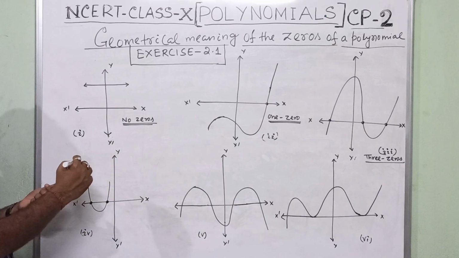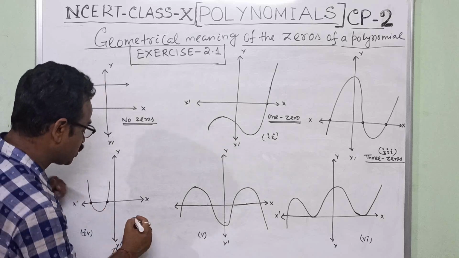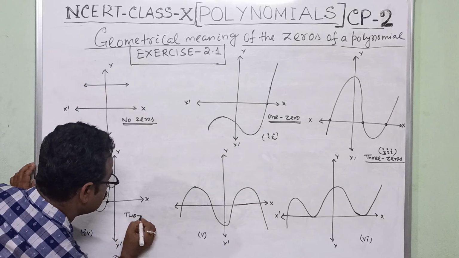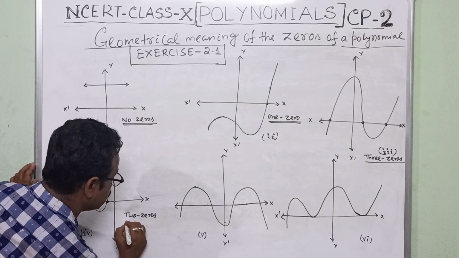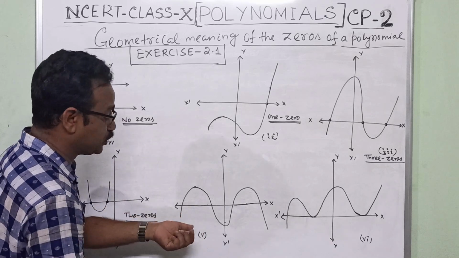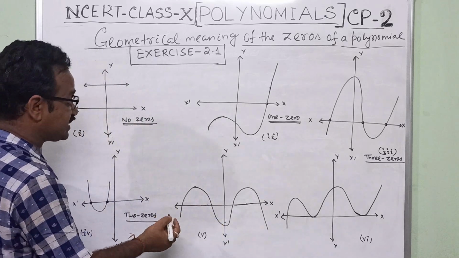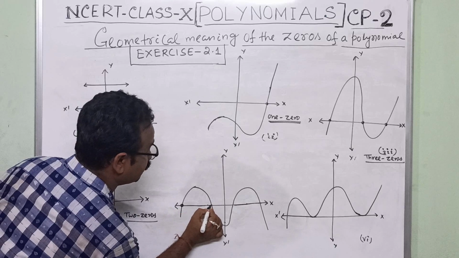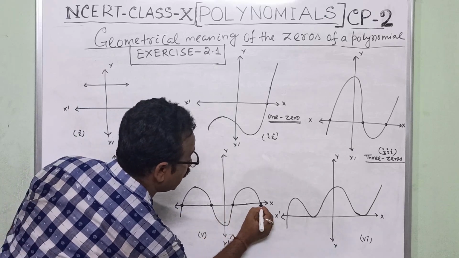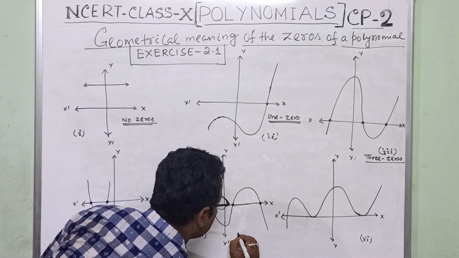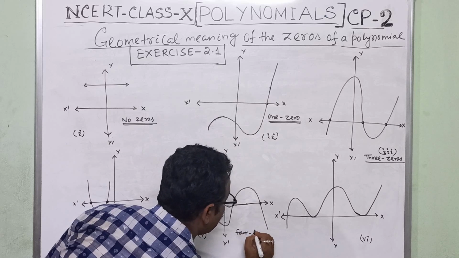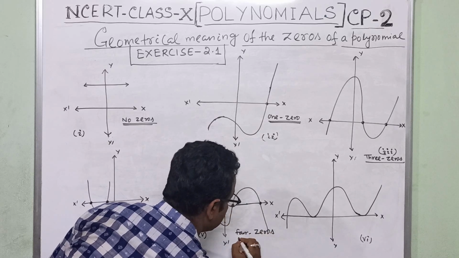At 2 points the graph intersects the x-axis. So 2 zeros. Move on to part v. At how many points does it intersect the x-axis? 1 point, 2 points, 3 points, 4 points. It is 4 zeros.